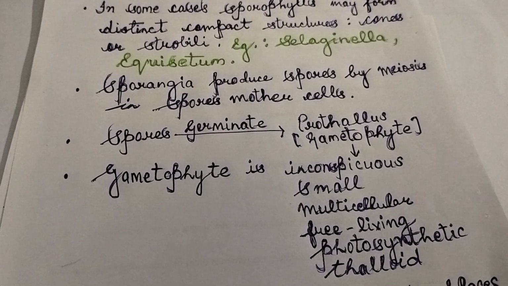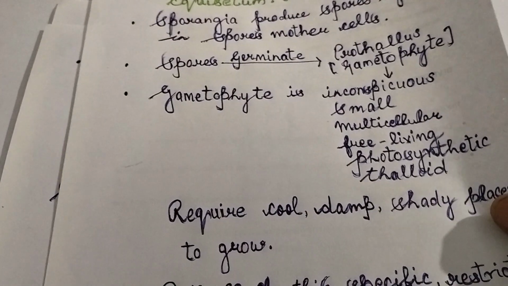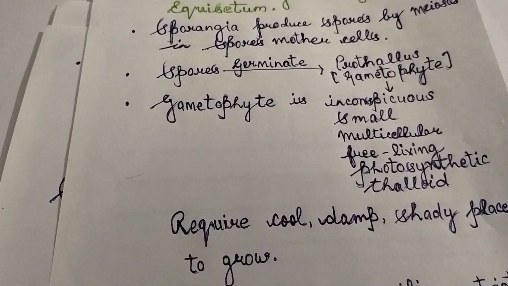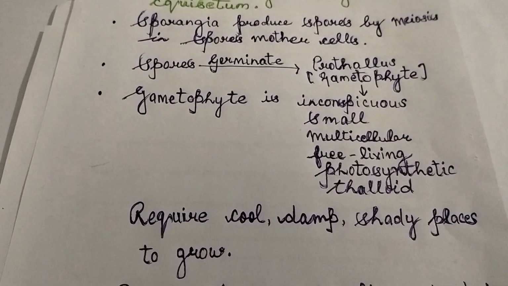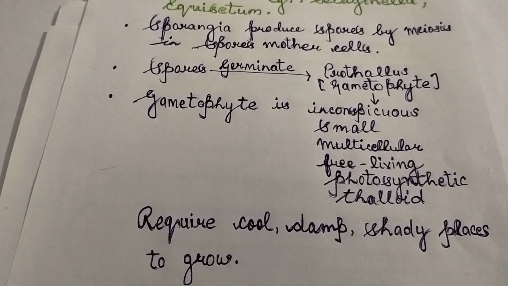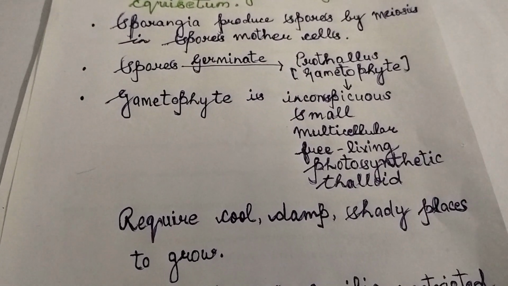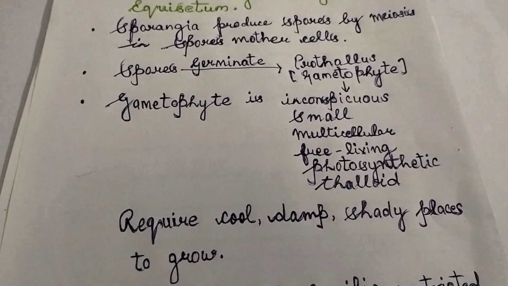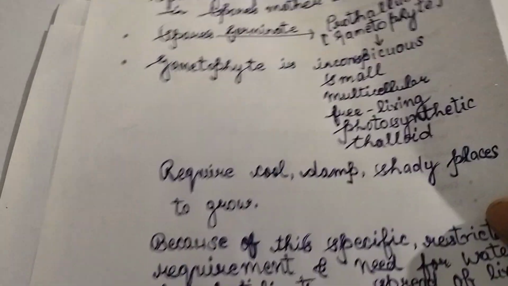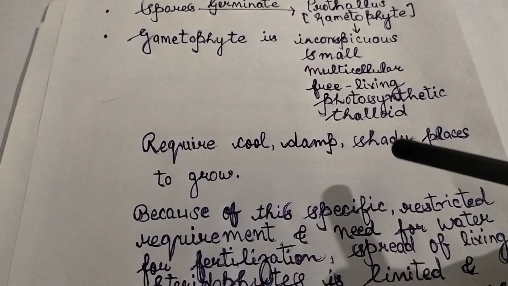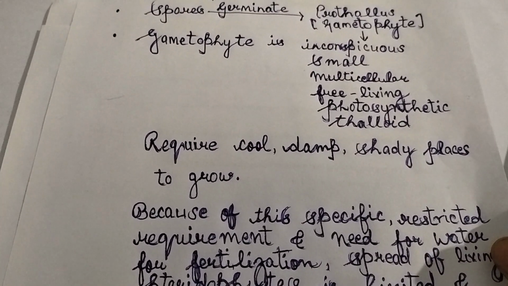Now this gametophyte requires cool, damp and shady places to grow. This gametophyte, prothallus of Pteridophyta, will grow in cool, damp and shady places. Now here pay attention, as it requires such a specific condition for its growth.